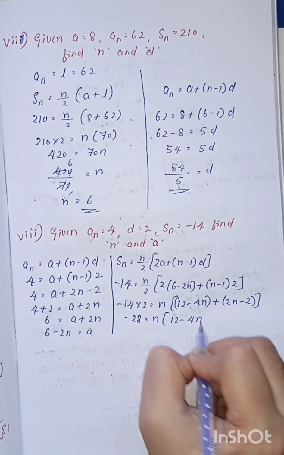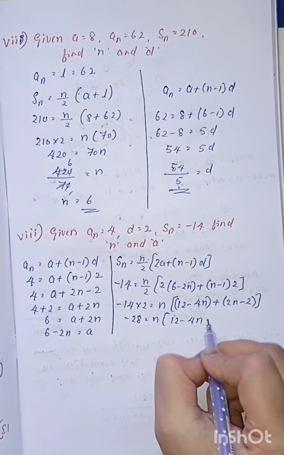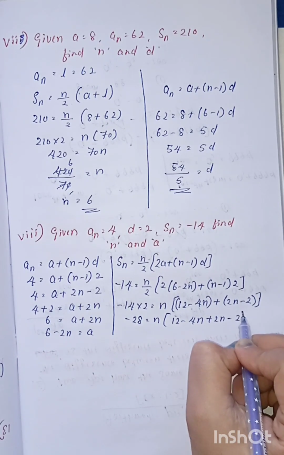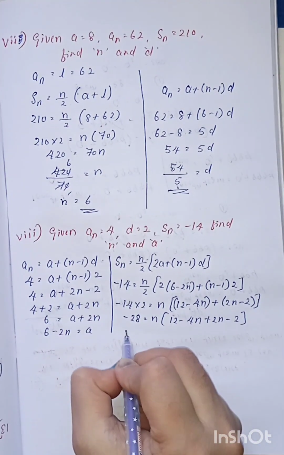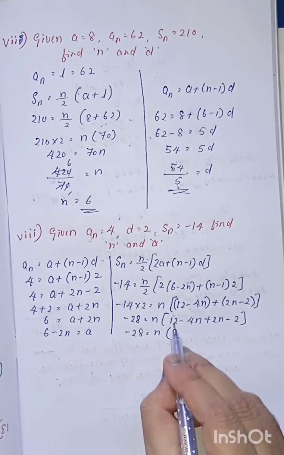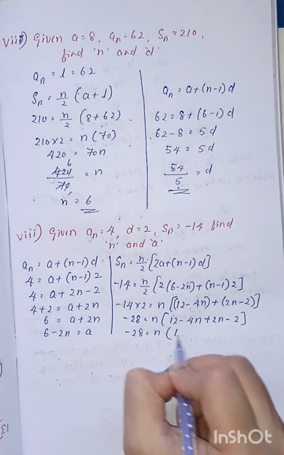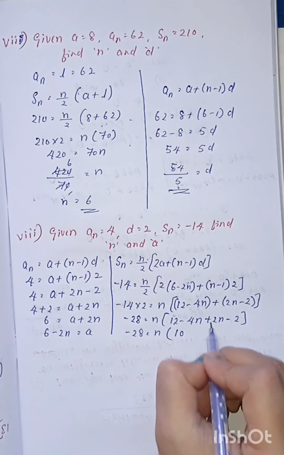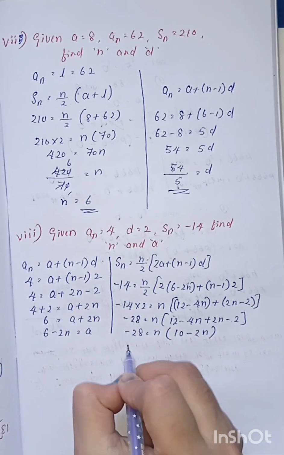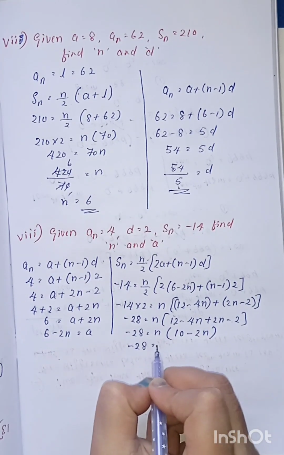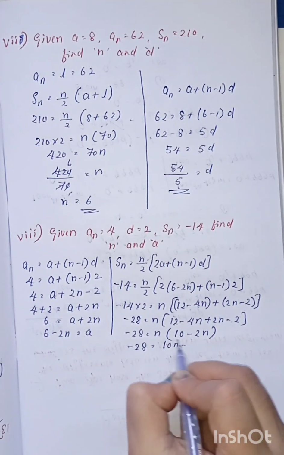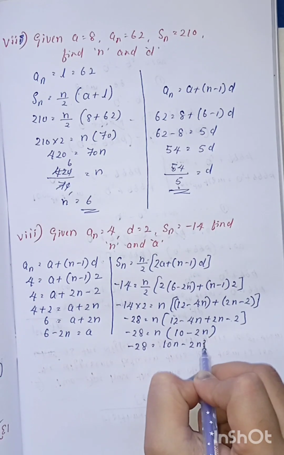12 minus 4n, remove the bracket: plus into plus is plus 2n, plus into minus is minus 2. In the next step, minus 28 equals n as it is, plus 12 minus 2, that is 10, minus 4n plus 2n, you will get minus 2n. In the next step, minus 28 equals n into 10, 10n minus n into 2n, 2n square.